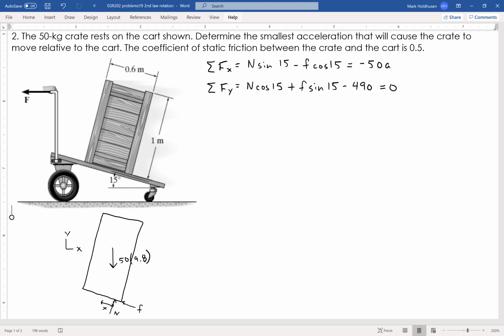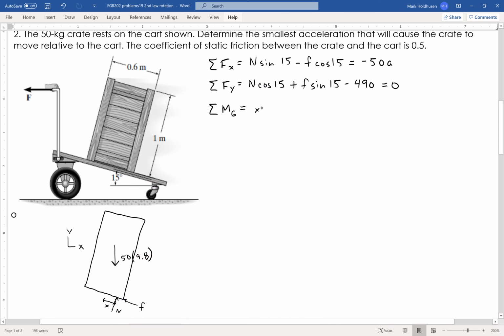Okay, so now I have to do the moment equation. Again, I have to sum the moments in this problem because I don't have any pure rotation. Okay, I have to sum the moments about G here. So when I sum my moments about G, I get x times n, that's going to be positive, and I get negative 0.5 times the friction.